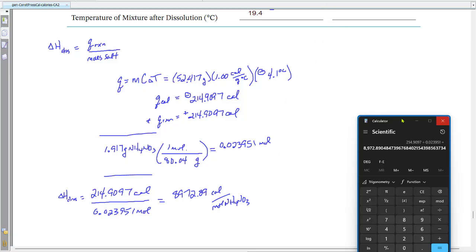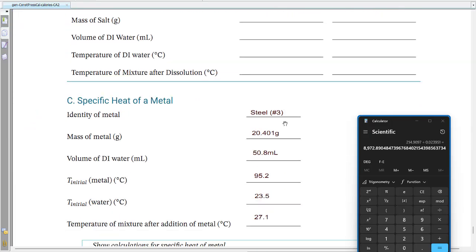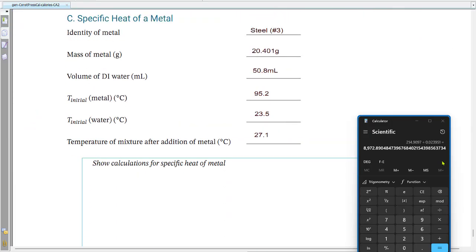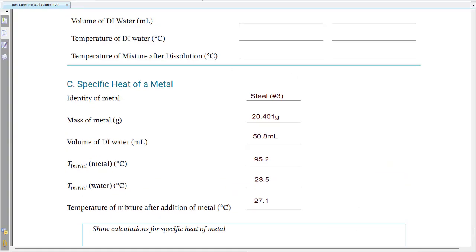Now, part C of this thing is the one that I think maybe makes the most intuitive sense. So, specific heat of a metal. I'm going to go up here a little bit so I can sketch this real quick.